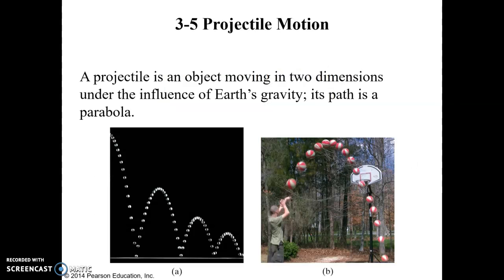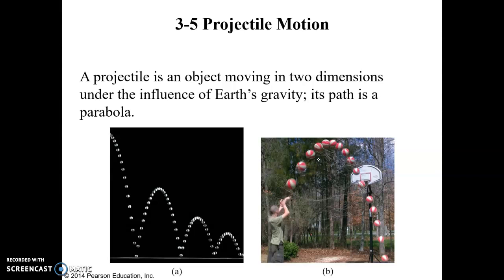Okay, let's move on to projectile motion. Projectile motion basically refers to the motion of an object that is given some initial force, and as it moves through the air, it is affected by gravity in the y direction.